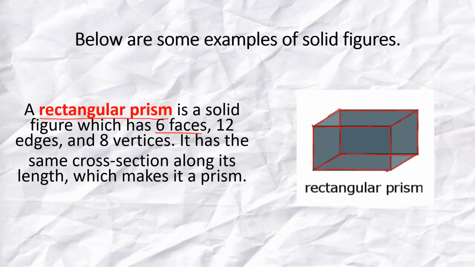So those are our edges. And then we have 8 vertices. So we have 1, 2, 3, 4, 5, 6, 7, 8. It has the same cross section along its length, which makes it a prism.